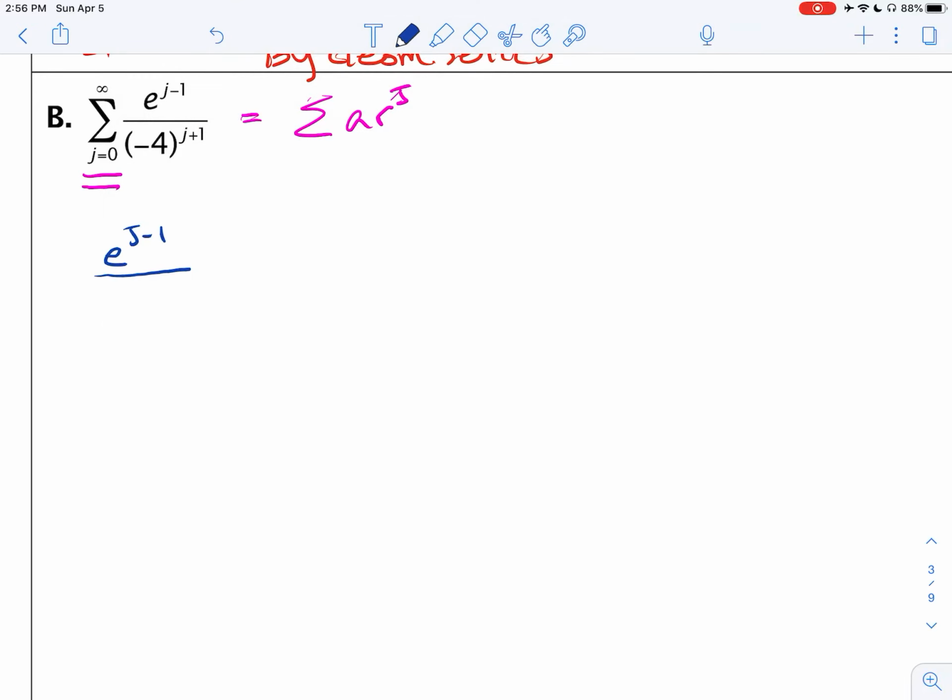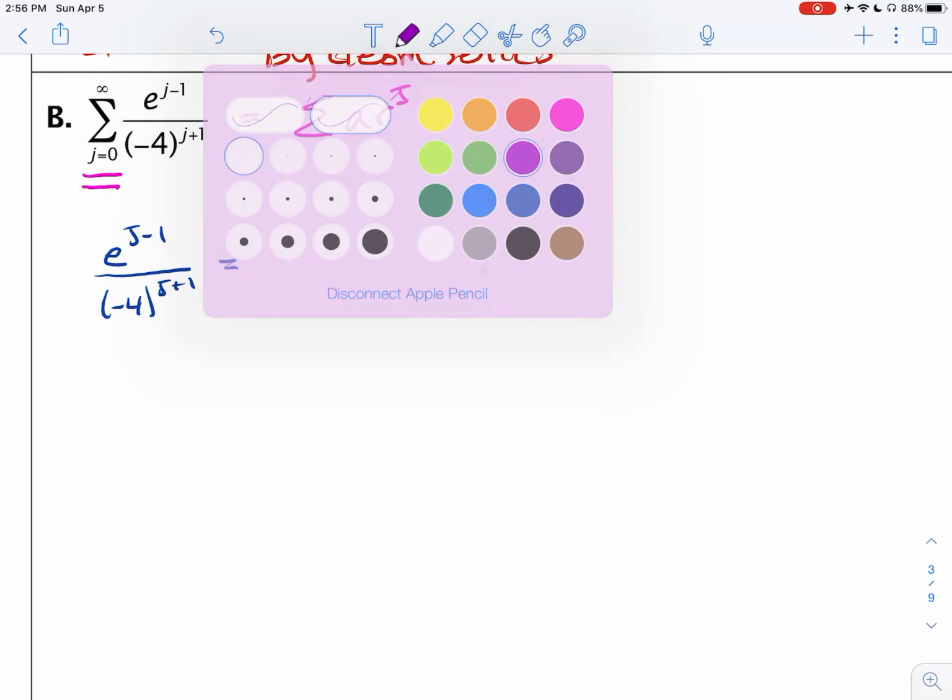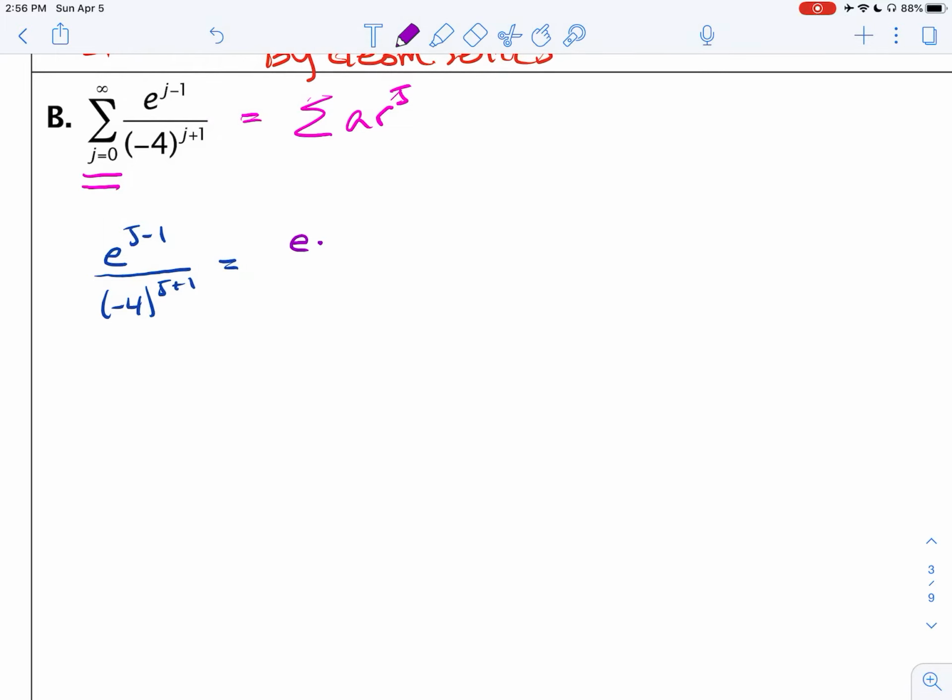So in order to actually get to j from j minus 1, I'm going to multiply on top and bottom by e. So I'm going to say that this is equal to e times e to the j minus 1 over e times minus 4 to the j plus 1.